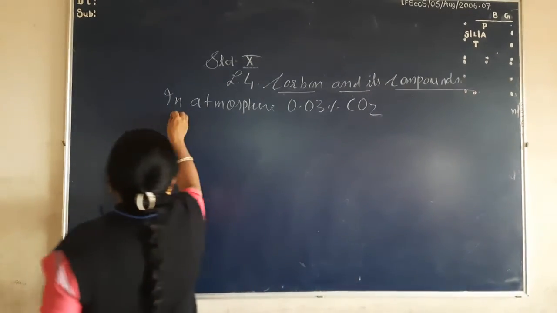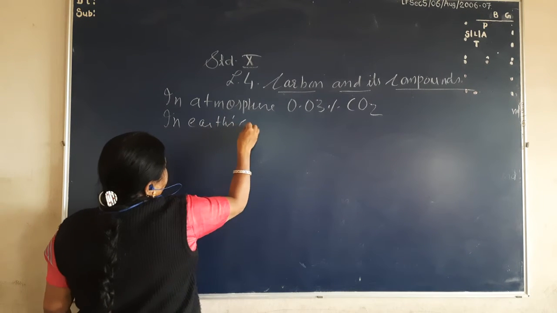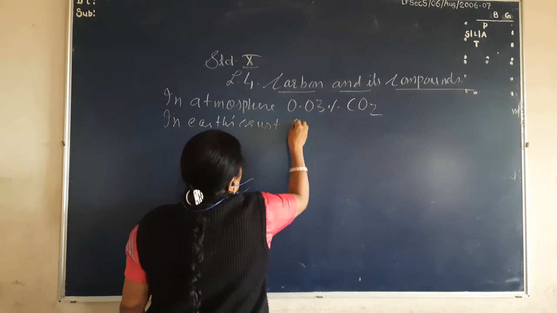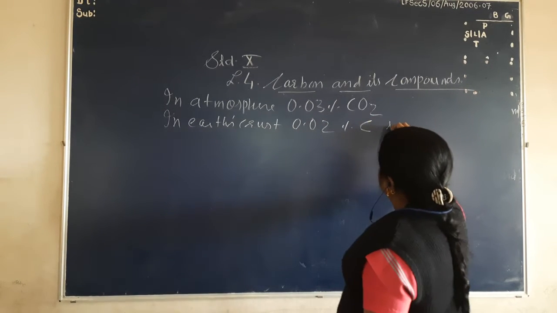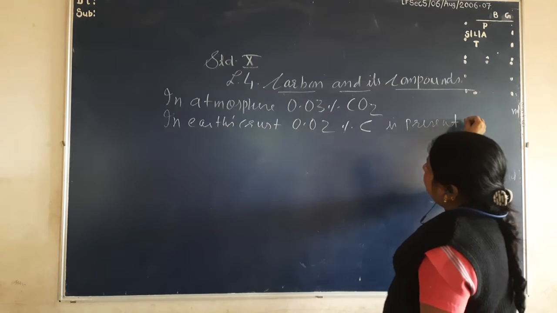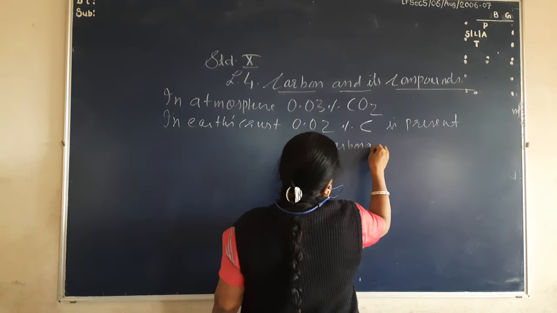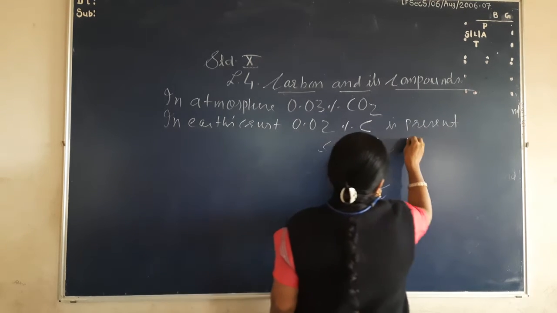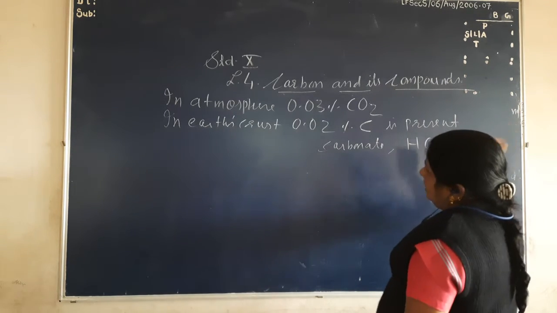In Earth's crust, 0.02% carbon is present, and it is present in the form of carbonate, hydrogen carbonate, etc.